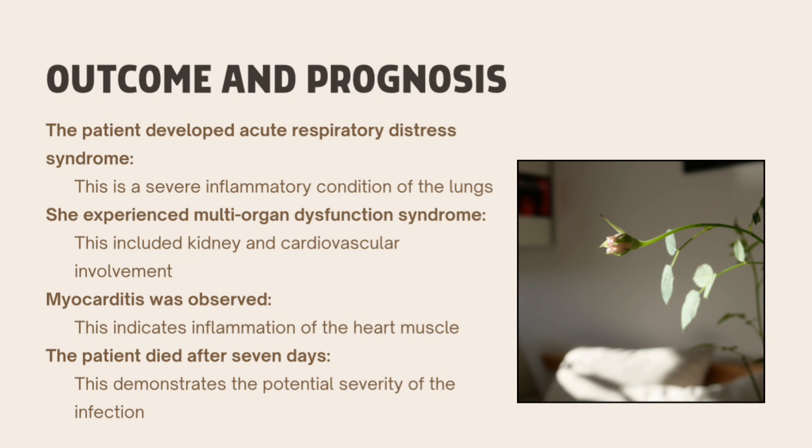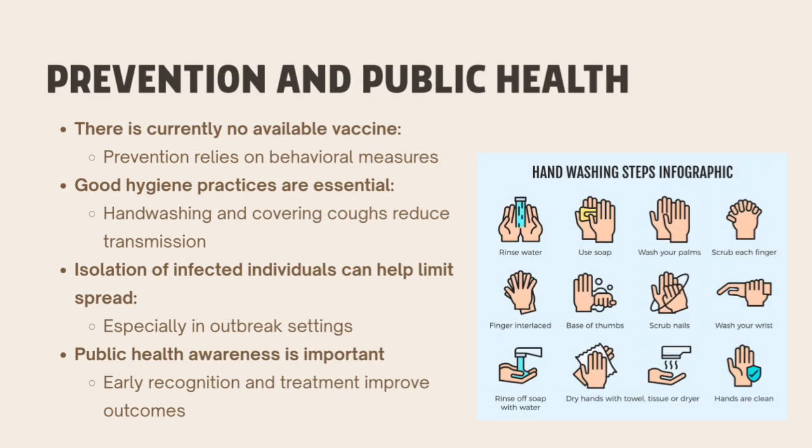Unfortunately, the patient died after 7 days. This case demonstrates that although Mycoplasma pneumoniae often causes mild illness, it can occasionally lead to severe and fatal outcomes, just like this case. So let's discuss prevention and public health.